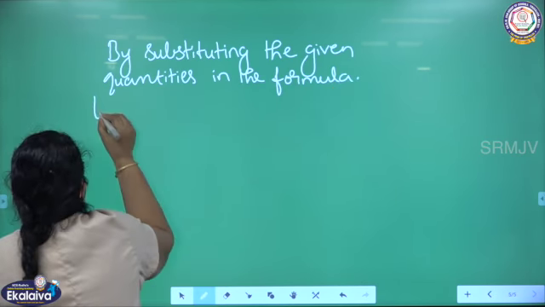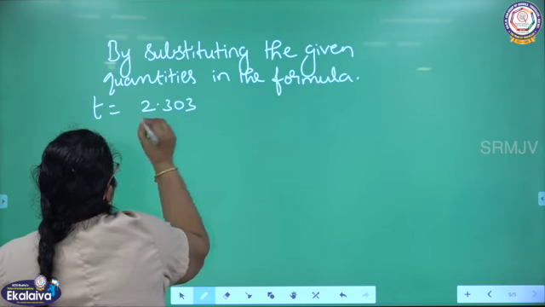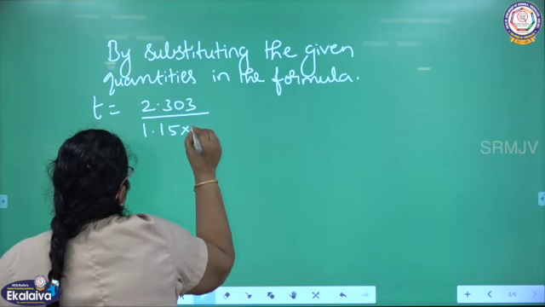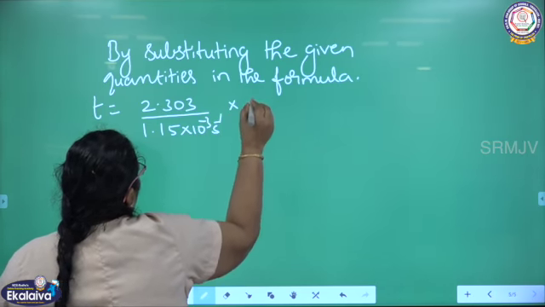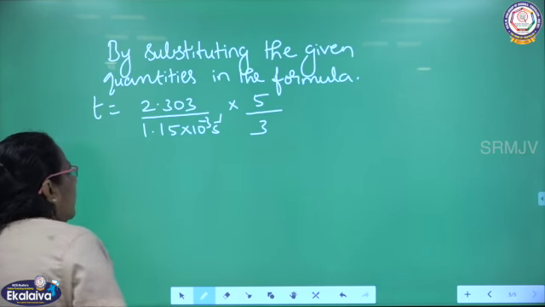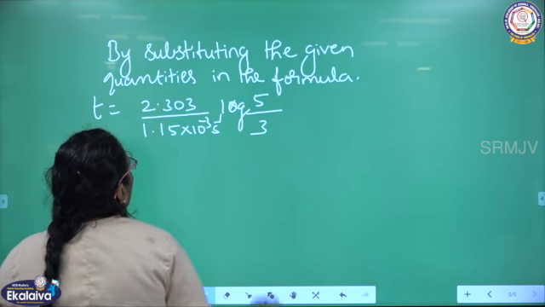T is equal to 2.303 divided by the K value, 1.15 into 10 power minus 3 second inverse. R naught is 5 and R is 3. So we have substituted log R naught by R, so log 5 by 3.